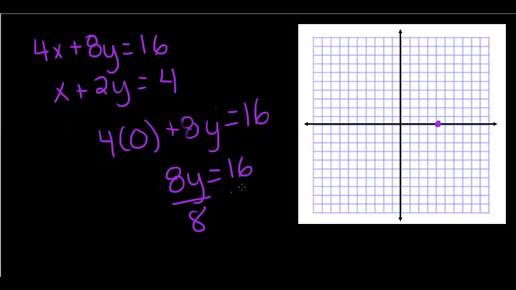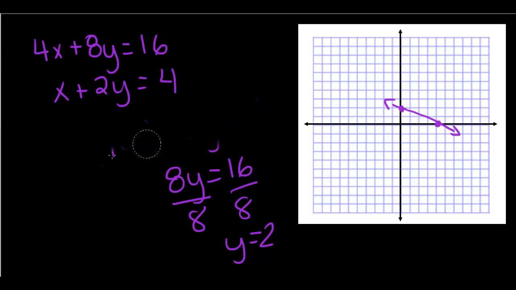We divide by 8. So y equals 2. So then that means the line is going to go through this point. Now I'm going to use a different color for the second equation.